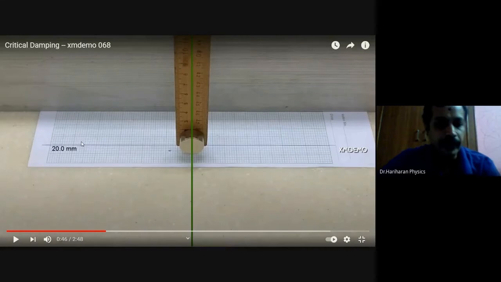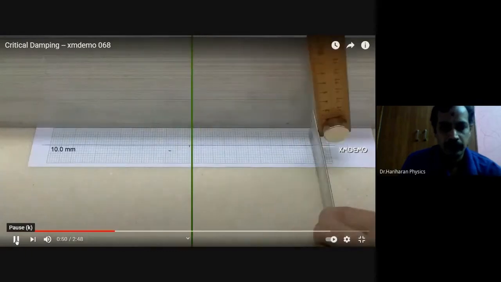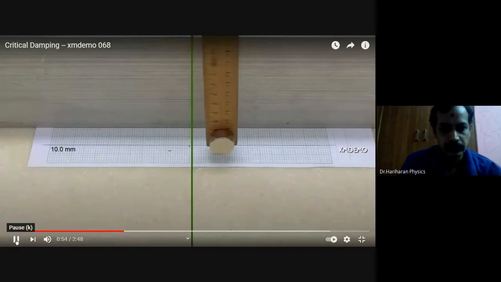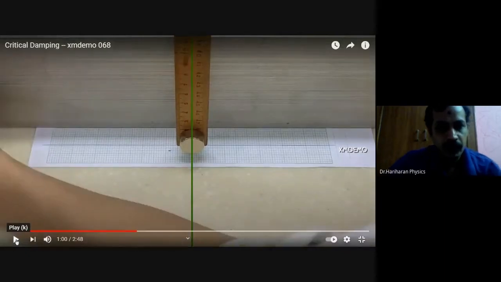Next. Here the body came to rest after roughly 4 or 5 oscillations.